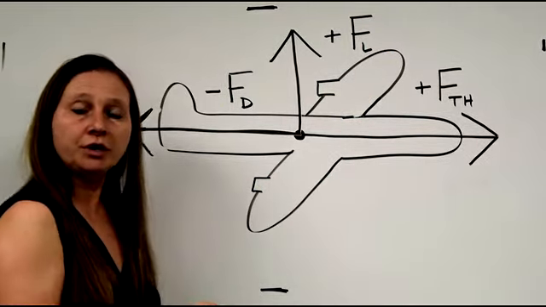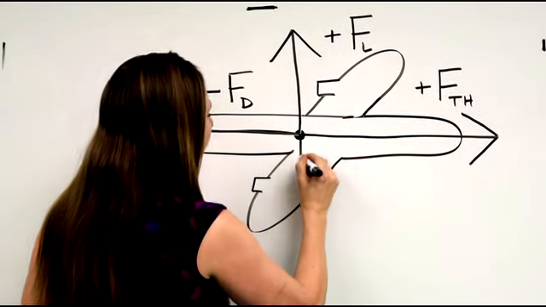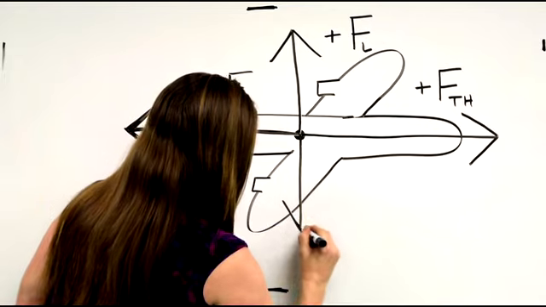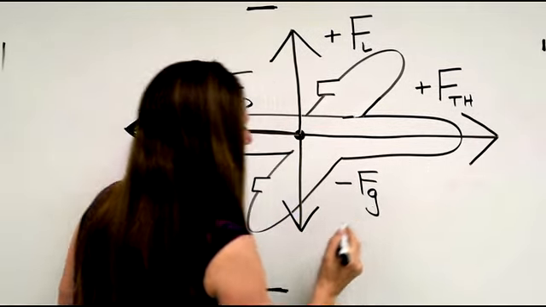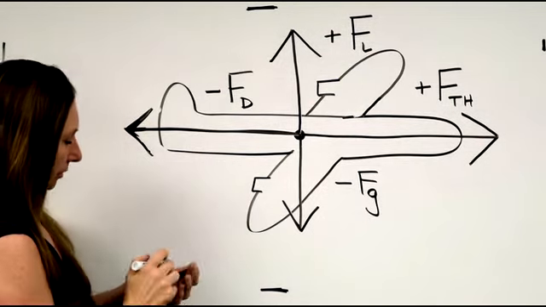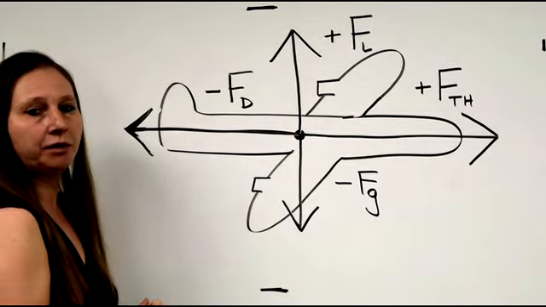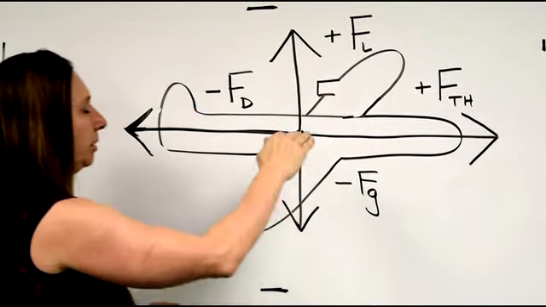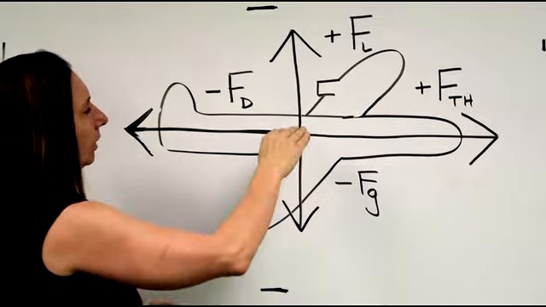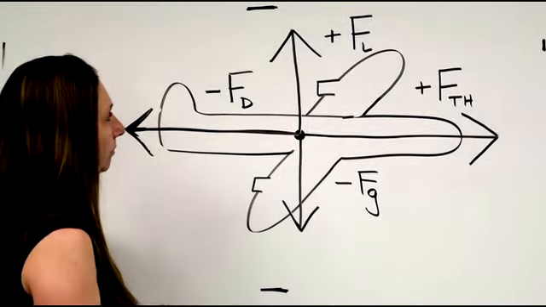And of course, the reason we need an upward force, a lift, is because the weight of the plane is directed down, negative F_G, toward the center of the Earth. And again, this plane is flying at constant velocity in this direction, and in this example, we'll say that it's not moving up or down.